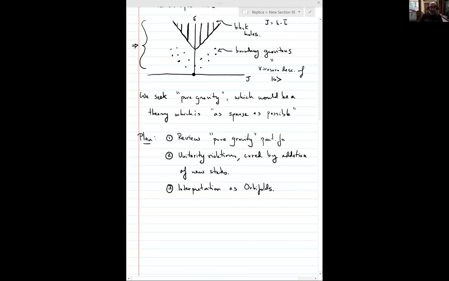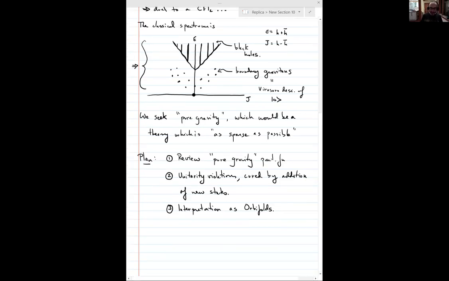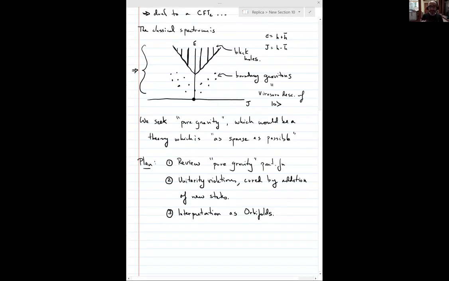So I'll say that the strategy that I used up here in order to construct the classical spectrum of the theory was in fact not quite right, because this classical spectrum was derived by assuming that I had smooth geometries. I'll propose that we just need to relax this to include a certain natural family of orbifolds. And then this will cure the violations of unitarity that we encountered above.